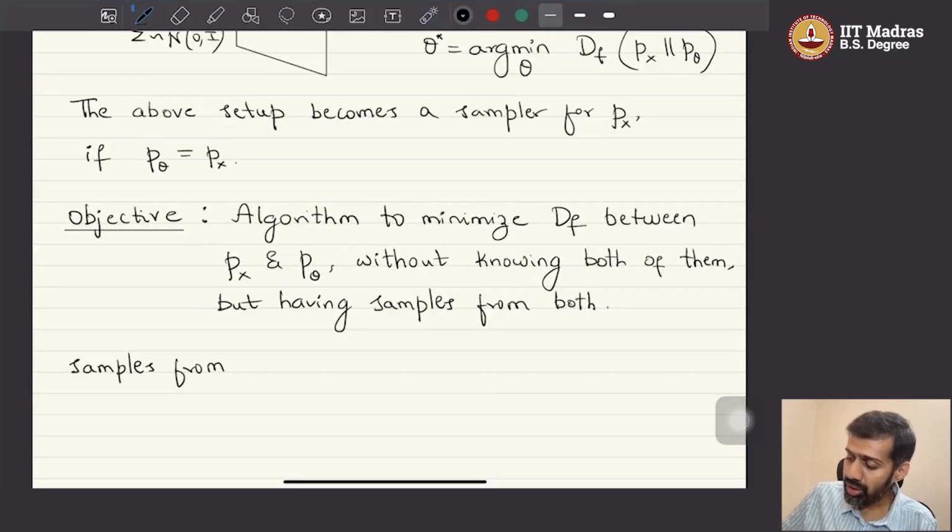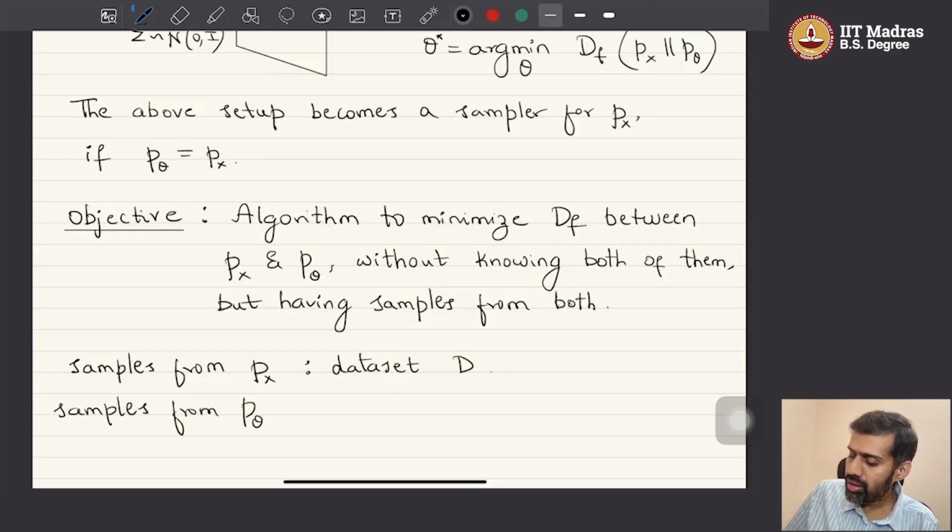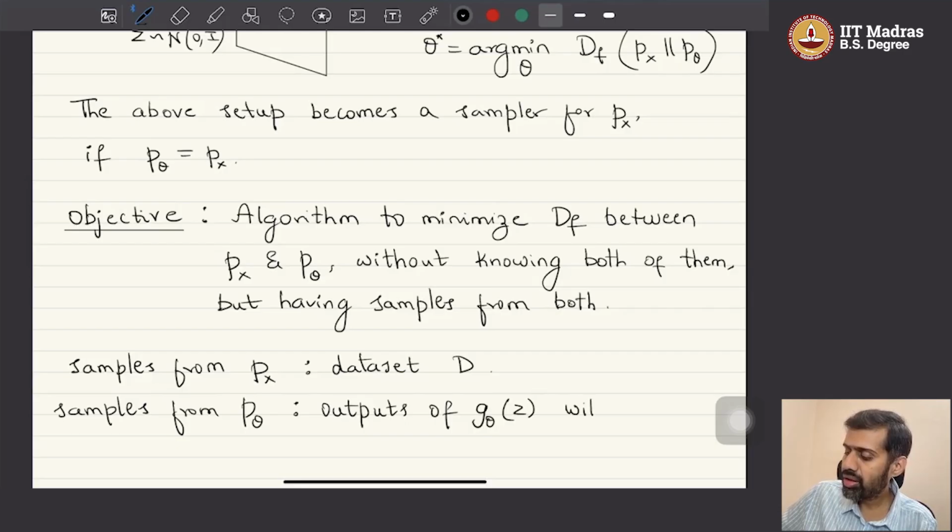Samples from Px is nothing but the data set D. Samples from p theta are the outputs of the g neural network, in this case g theta of z, for different z's. That's all.